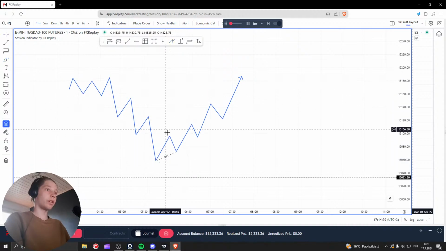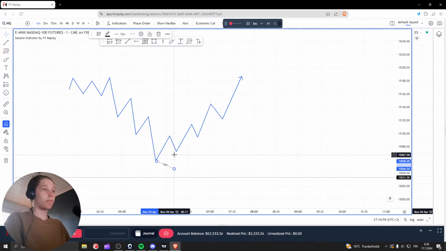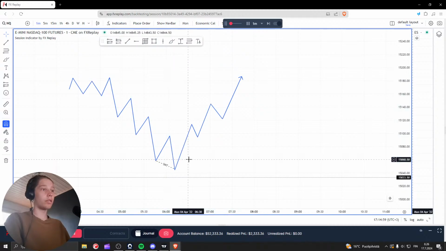We're trading NQ right now. If NQ made a lower low, we would need to see a higher low on ES like this. That would be an SMT.